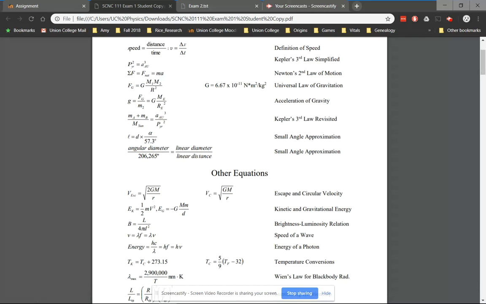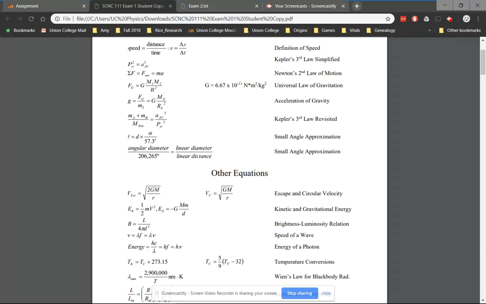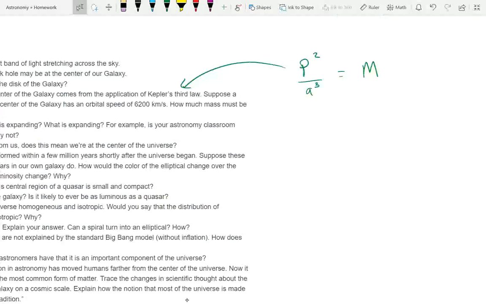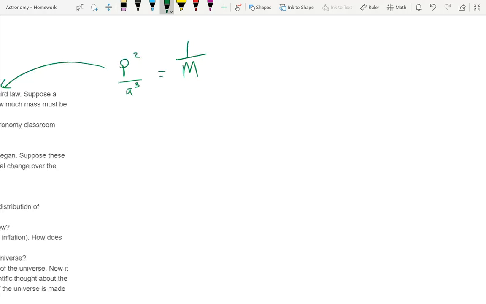So it's A cubed over P squared equals M. So I put it upside down. Right, there's 2 versions of it here. Well, you can't see. There, fixed it. So now we have to find the period.